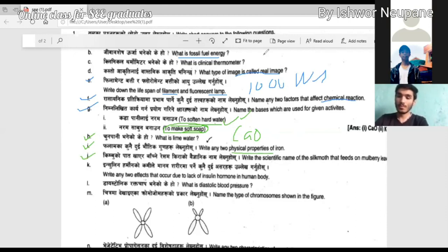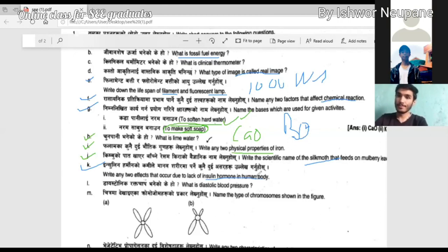Question is, write the scientific name of the silkworm that feeds on mulberry leaves. What is the name of that silkworm? Bombyx mori. Okay. Number K. Write any two effects that occur due to lack of insulin hormone in the human body.